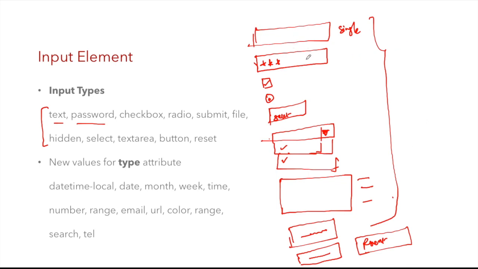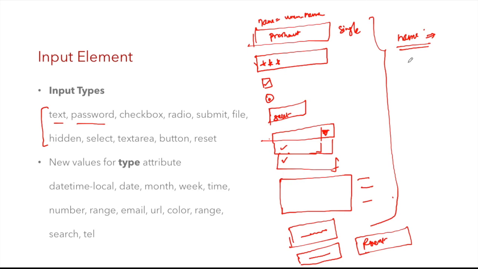One important attribute that we need to be sure of is the name attribute. Whatever value we give to the name attribute, that value will be sent to the server. So let's say I have this field, I am setting the name as user_name, and then I'm entering the value Prashant.